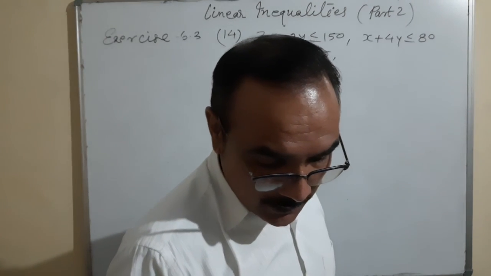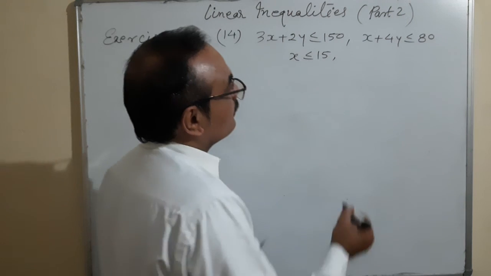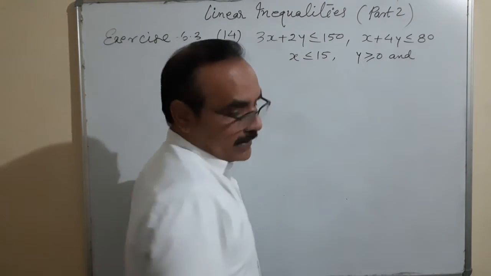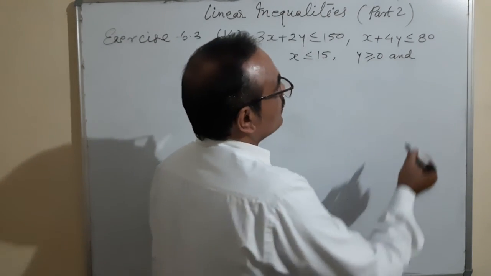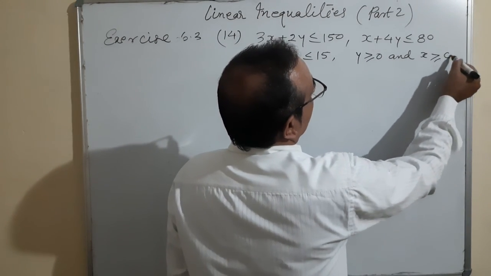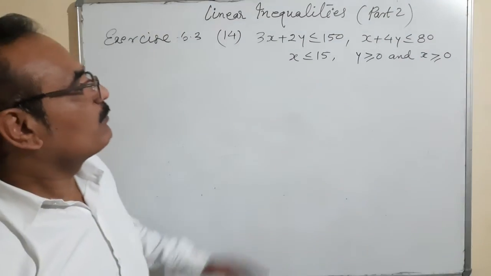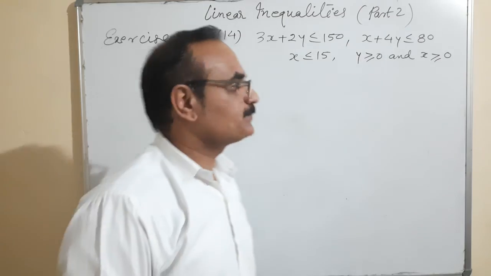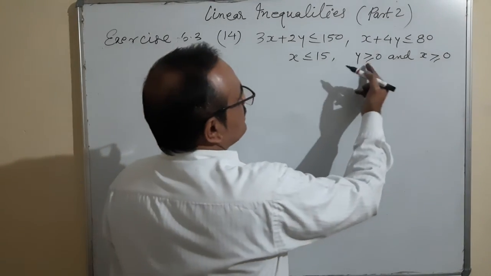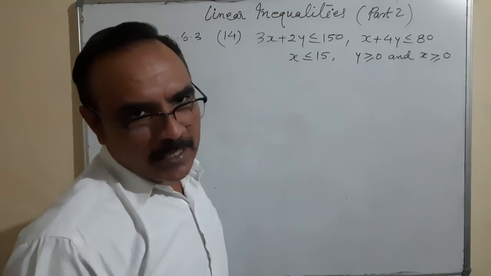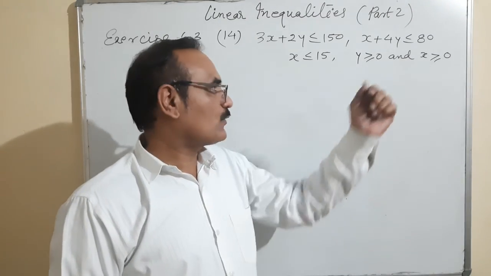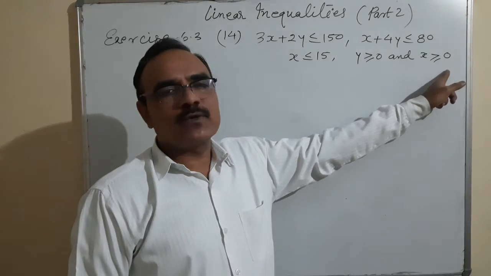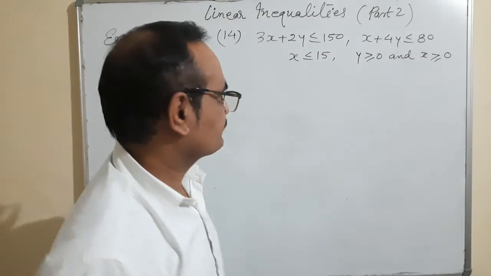And fourth and fifth, y is greater or equal to 0 and x is greater or equal to 0. Okay. Many inequalities there, 1, 2, 3, 4, 5. By the way, y is greater or equal to 0 and x is greater or equal to 0 are not required to be drawn. These are the axes only. y is equal to 0 means the x-axis, x is equal to 0 means the y-axis.